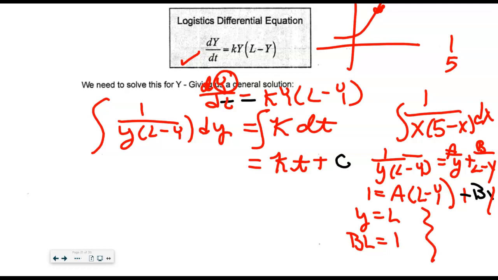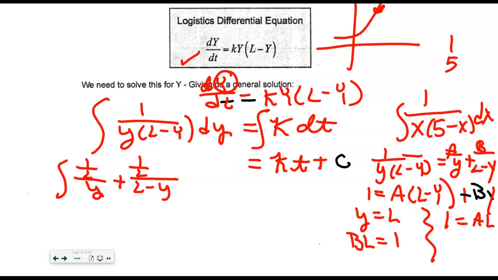A 0. Right? Awesome. So if it was a 0, I would have 1 equals A times (L minus 0), or AL. What's A also? 1 over L. Okay, so now I'm going to go back over here. I have 1 over L over y, my A, plus 1 over L over (L minus y).